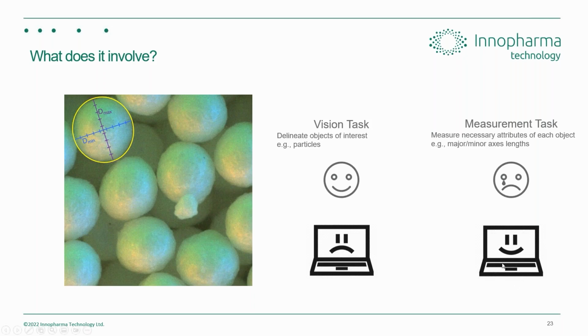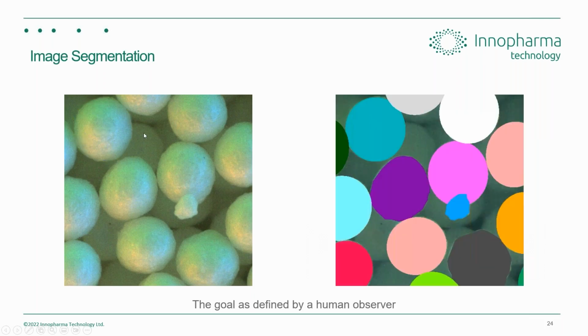The measurement task, on the other hand, once we have objects detected, is straightforward and well defined. So for most image analysis systems, most of the work is in designing or implementing the vision task. This specific task of delineating objects of interest is called image segmentation.